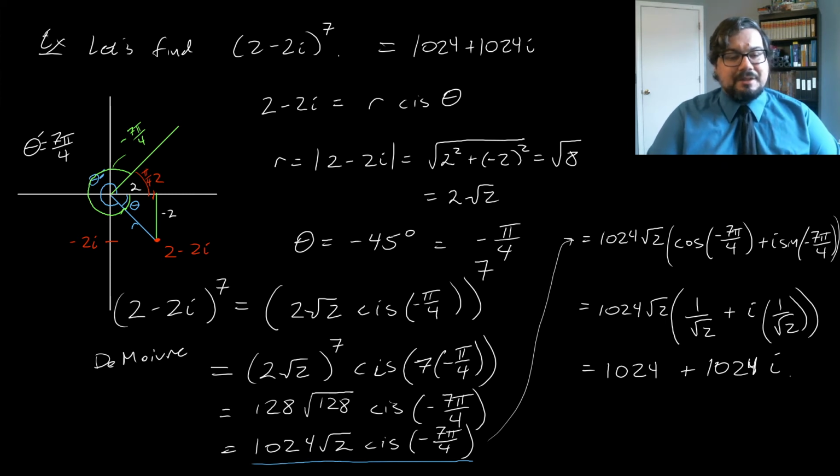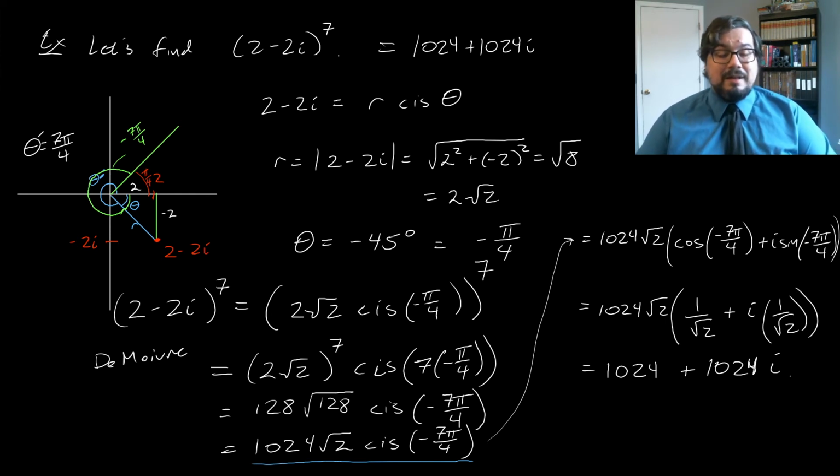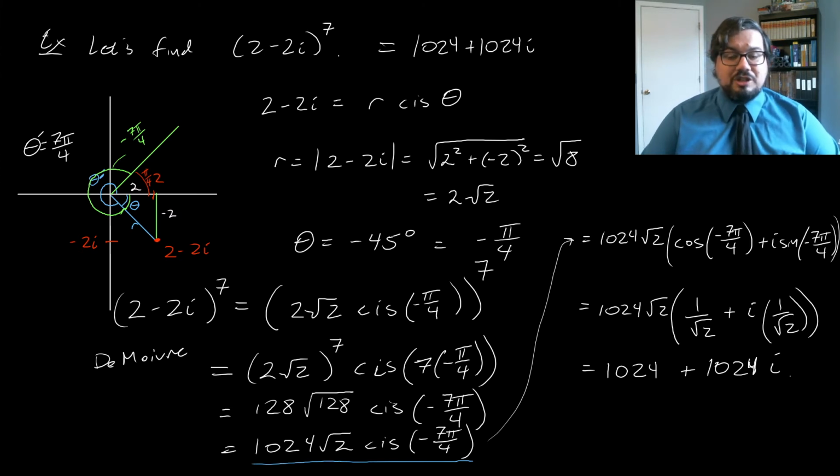That's the angle that starts at the positive x-axis and then winds its way around until it gets to the blue segment. So I'm just going to adjust the computation that we did here and see how changing the argument inside the original expression for 2 minus 2i changes the answer.